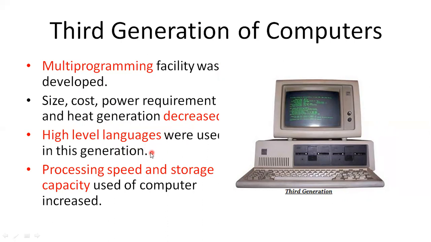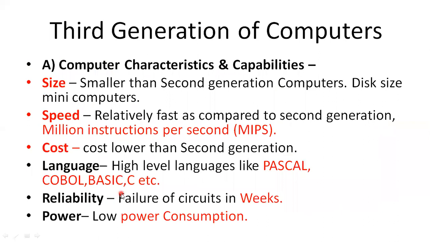Different high level languages were used in this generation, and the processing speed and storage capability of computers increased. Here the size is smaller than the second generation. That means comparing the second generation with the third generation: the size is a minicomputer.